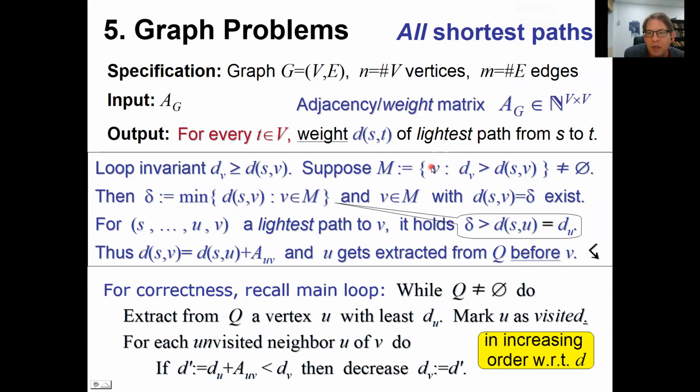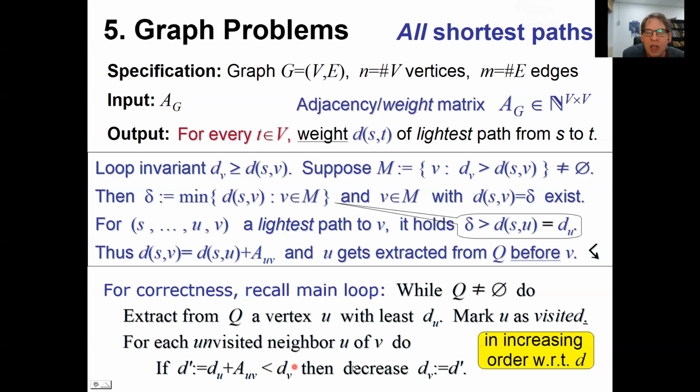And therefore U must not occur in this set M. And since U does not occur in this set M, the algorithm will correctly calculate the distance to U. Only the distance to V is by means of contradiction supposed to be calculated incorrectly. It's supposed to be overestimated, whereas the distance to U is estimated correctly. But then by the very definition of the extract-min operation, that means that U gets extracted before V, right?